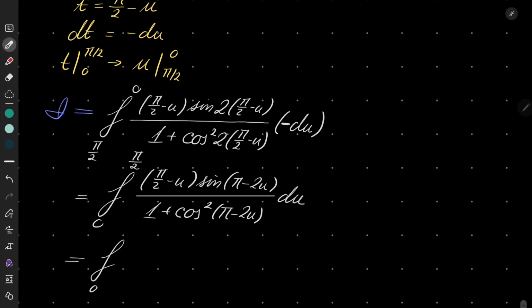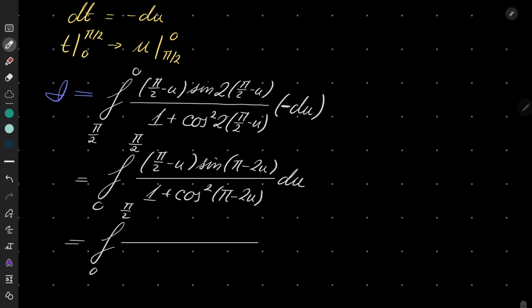And now, let's see. Here I have pi over 2 minus u. Using a well-known identity for sine of pi minus something, which I hinted at, it's sine of 2u, and in the denominator I have cosine squared again of 2u.